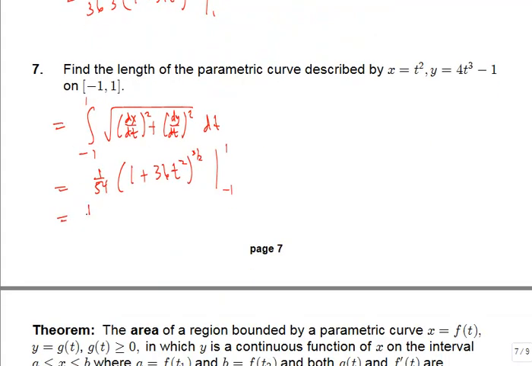When I plug in my 1, I'm going to get 36 times 1, which is 36, plus 1, which is 37, so I'll get 37 to the 3/2. Then I want to subtract from that -1 plugged in, and -1 squared becomes positive, so I get 36 times 1 plus 1, which is again 37 to the 3/2. So these would cancel each other out, giving me 0.